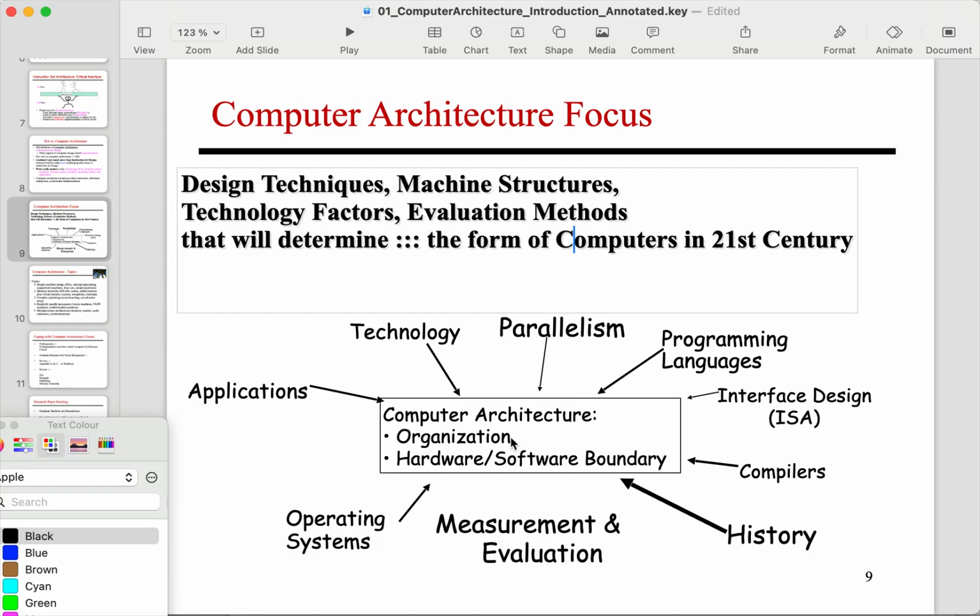So, computer architecture includes computer organization, as well as the hardware and the software and the boundary in between them. Computer architecture involves all of these concepts. The operating system, the applications, programming languages, user interface design, compilers, as well as any new technologies that are necessary to make the new architecture possible, as well as something called parallelism.